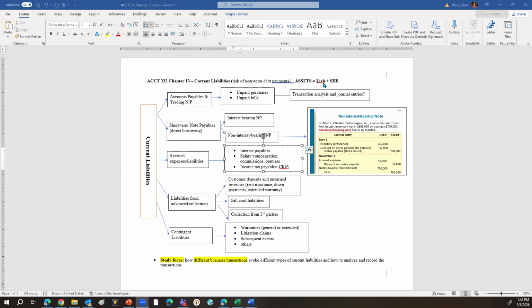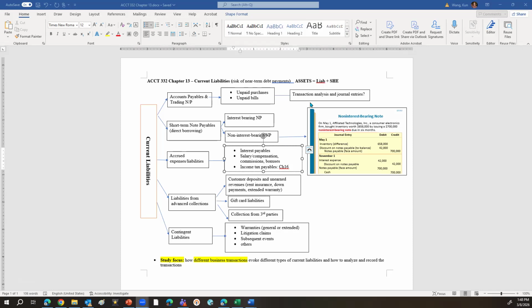Then Chapters 15, 16, and 17 cover three specific liabilities: leasing, pension, and income tax payable. Again, we have no time to cover those three items in Intermediate Two, so they will be discussed in the third class related to this book.